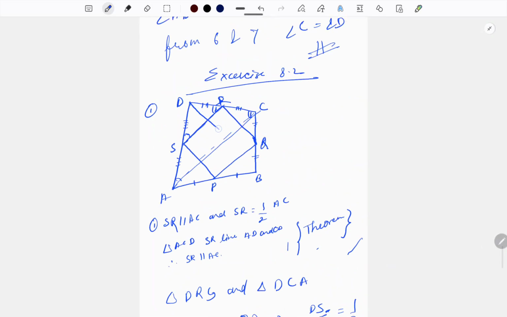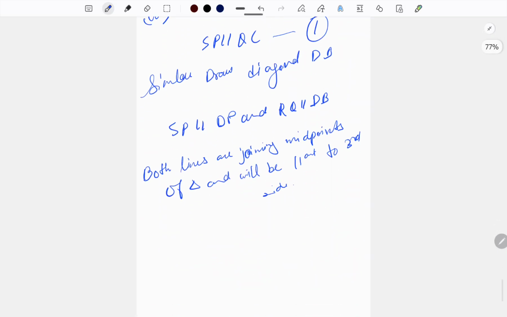If we draw this, then again this is the midpoint, this is the point, and this is the side. So in the bigger triangle this will be parallel. Similarly, this is the midpoint, this is joining. So in triangle CBD this will be parallel to DB, and therefore these two will be parallel to each other. Therefore SP is parallel to RQ, and similarly SP will be equal to RQ.